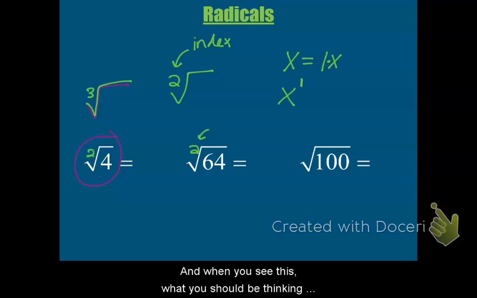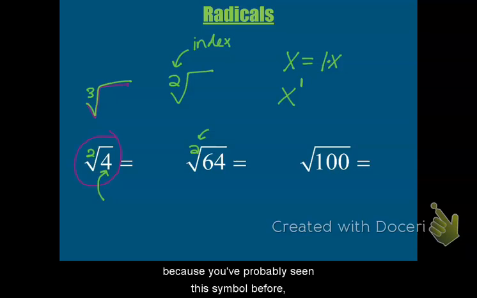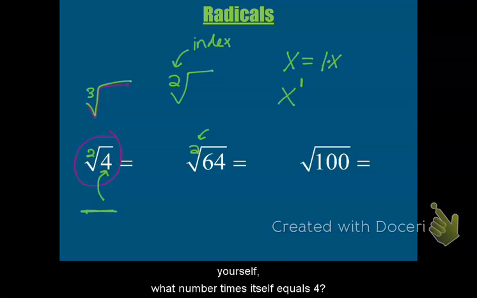And when you see a square root, what you should be thinking to yourself is, what number times itself equals the value inside. So just as a quick refresher, because you've probably seen this symbol before, when you look at this, you should say the square root of 4, and you should think to yourself, what number times itself equals 4.